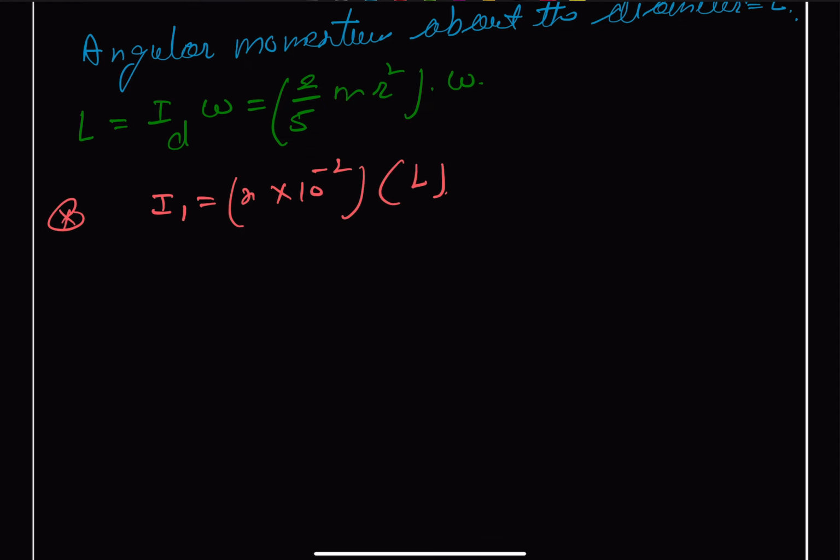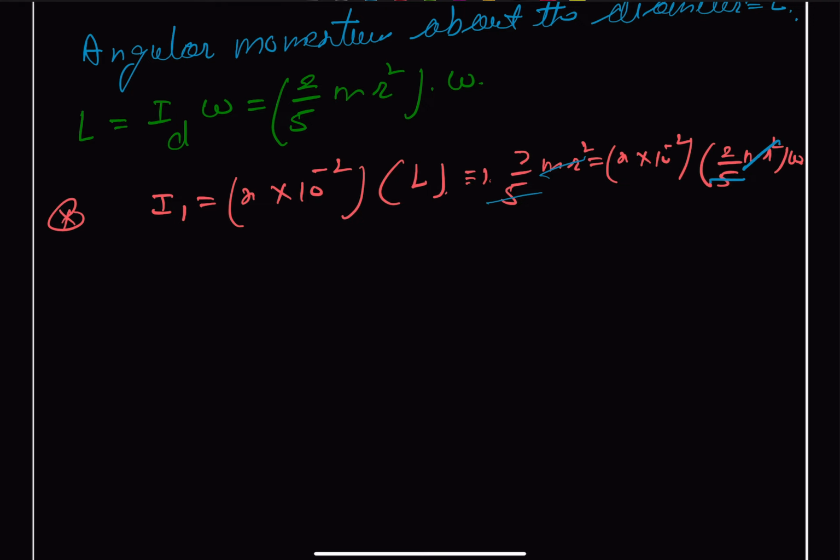So we can say that 7 upon 5 mr square is equal to x into 10 to the minus 2, and our angular momentum is 2 by 5 mr square times omega. Here mr square and mr square cancel, 5 and 5 goes away.